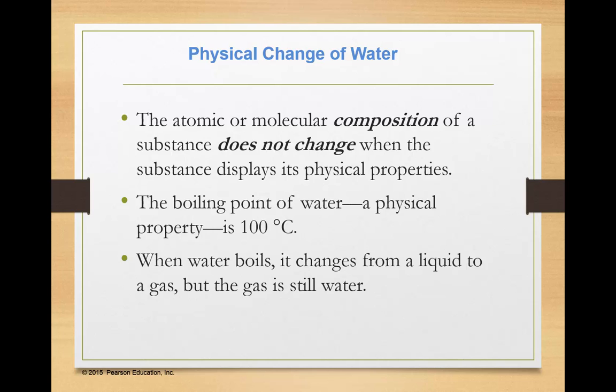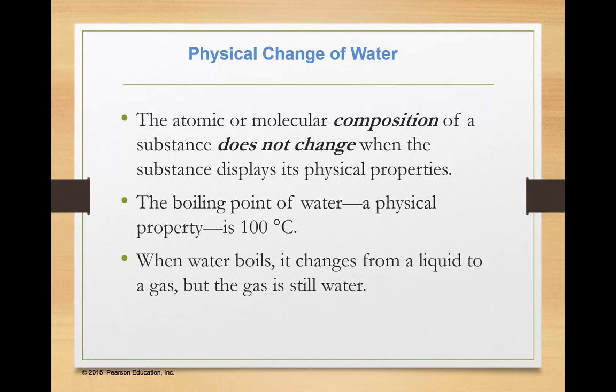When a substance undergoes a physical change, it does not change the basic atomic or molecular composition of that substance. So for example, looking at our water, we know that the boiling point of water is 100 degrees Celsius or 212 degrees Fahrenheit. That is a physical property of the water, the boiling point.